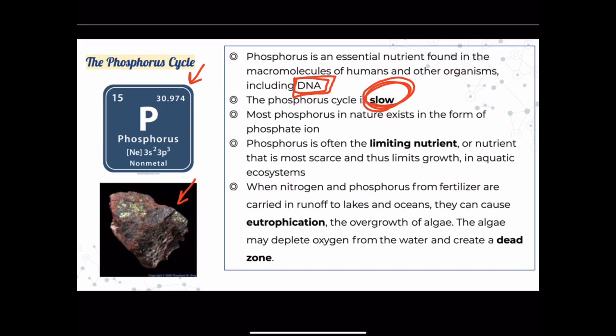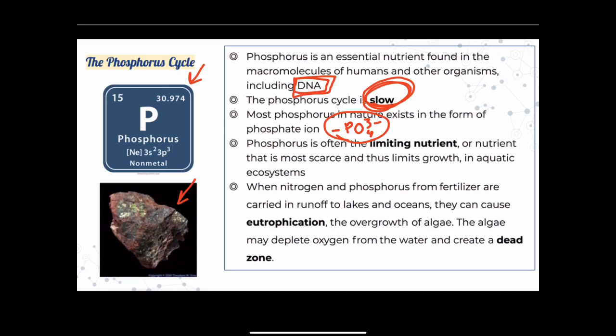And it's slow because most phosphorus in nature exists in a phosphate ion. What that means is the element has oxygen attached to it. And if we were going to write out what a phosphate ion looks like, it's that. Y'all haven't taken chemistry yet. This is something that we cannot use.